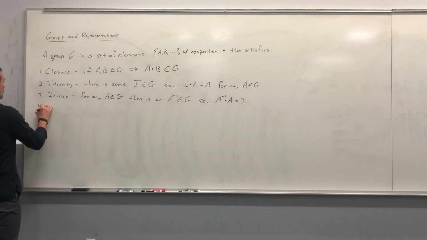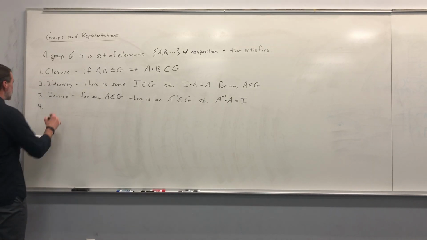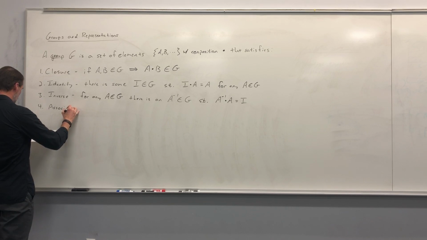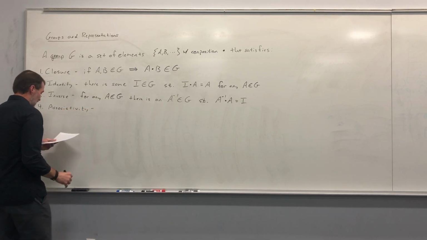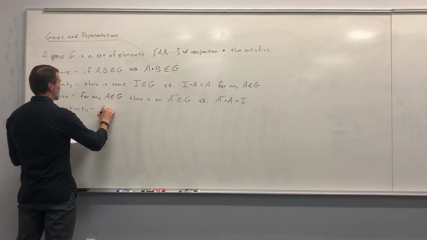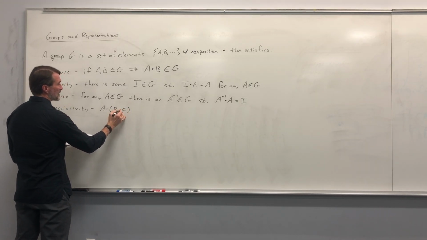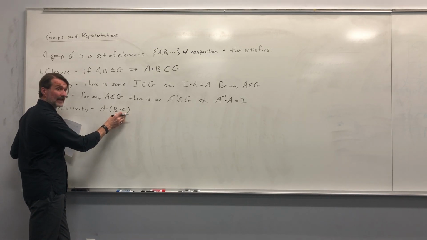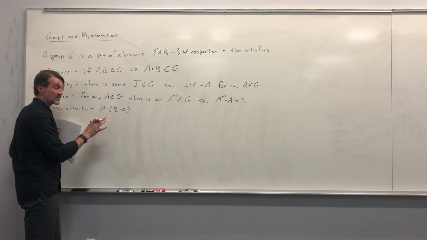And then the fourth, and this is the one where you're like, what in God's name, but it just turns out to be important. But it's natural for most of the transformations we ever consider, so it's really one I can't demonstrate being inappropriate. But if I want to compose B with C and then take whatever this gives me, remember this is going to give me an element of G, and then I can take that element of G and compose it with A. That's how I interpret this.